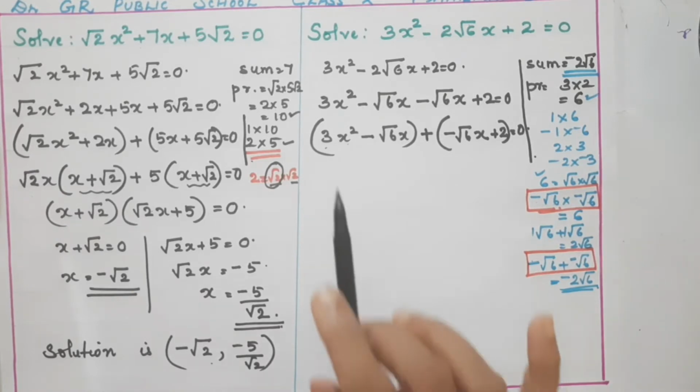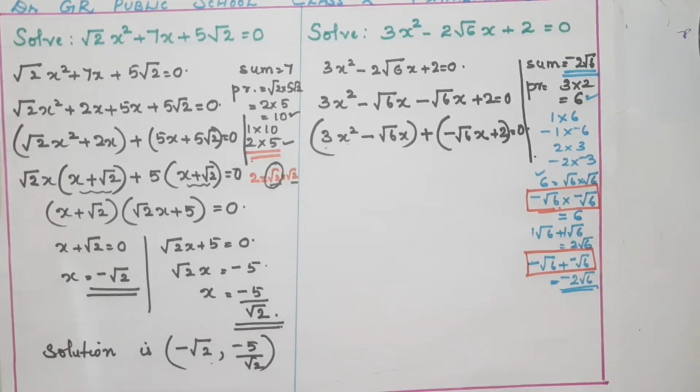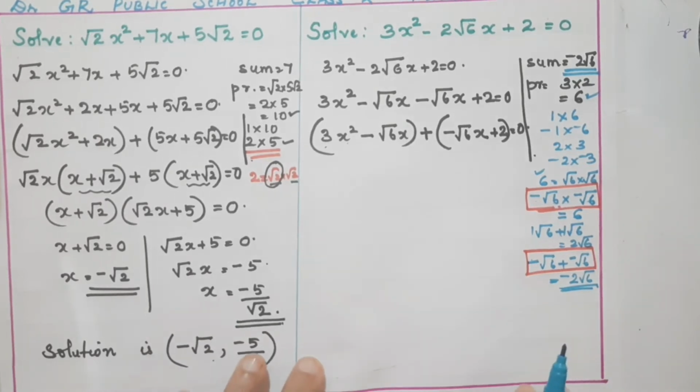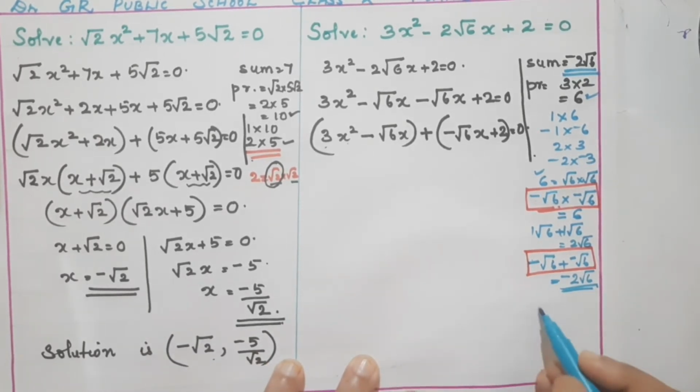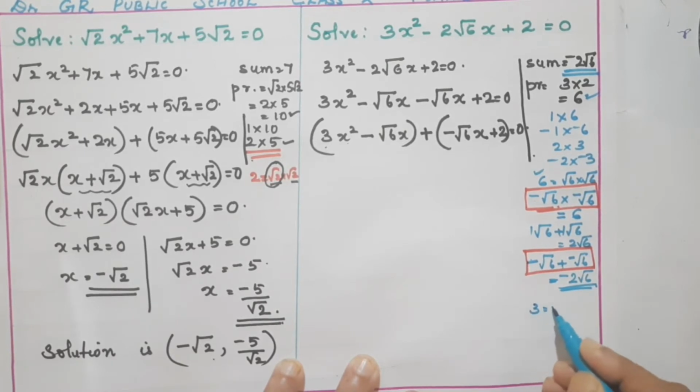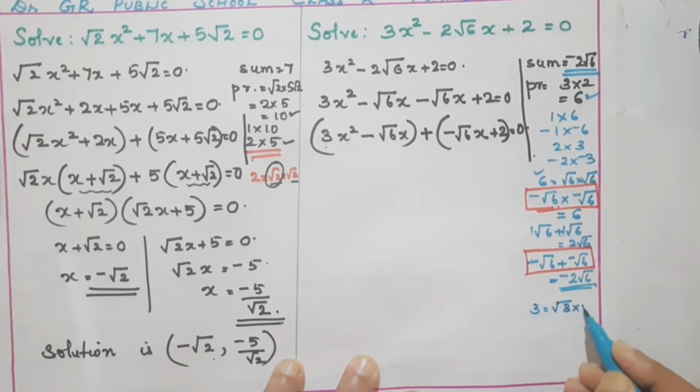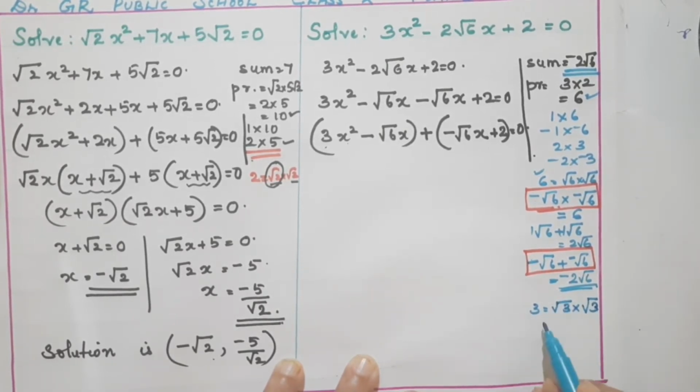How can we write 3? 3 factorization 1 into 3 is 3. Then another form 3 can be written as, yes, root 3 into root 3. This is also 3. Okay. Now root 6 can be written as root 2 into root 3.